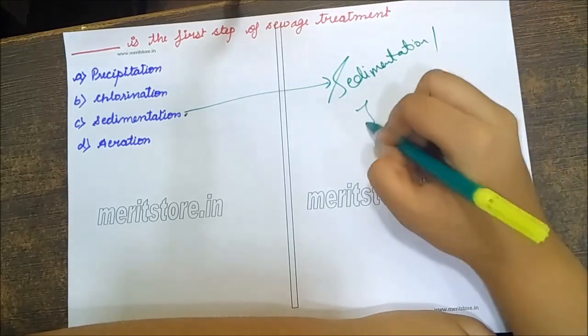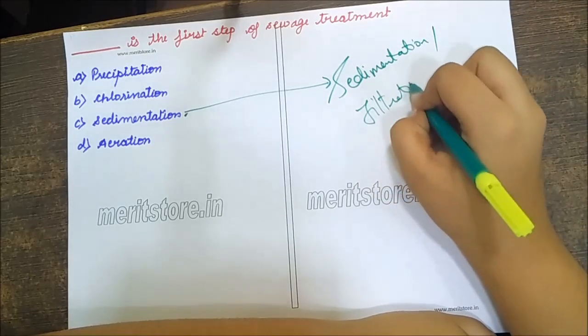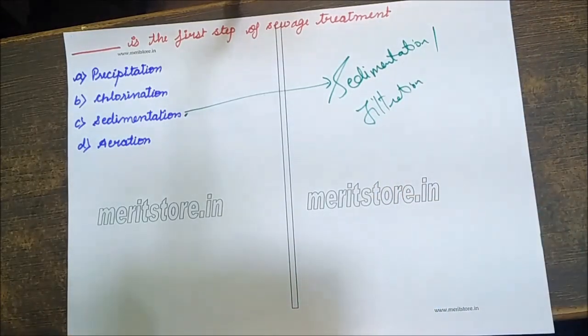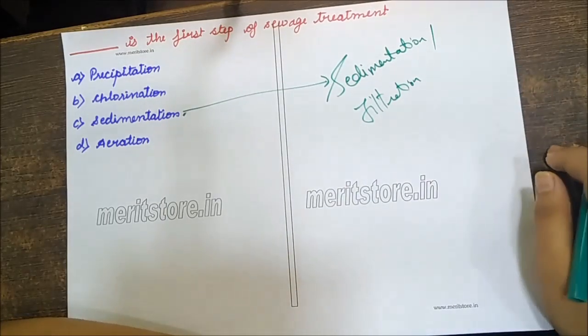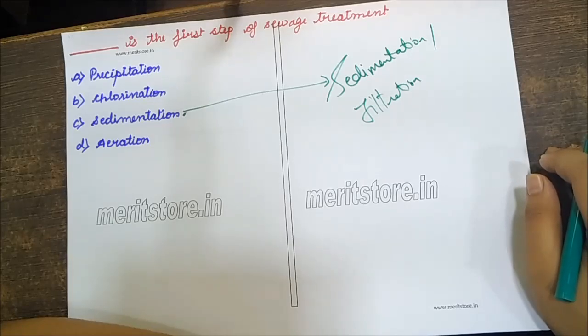Initially, floating debris is removed by sequential filtration. Then the grit, soil, and small pebbles are removed by sedimentation. Always remember the first step of sewage treatment is sedimentation or filtration.